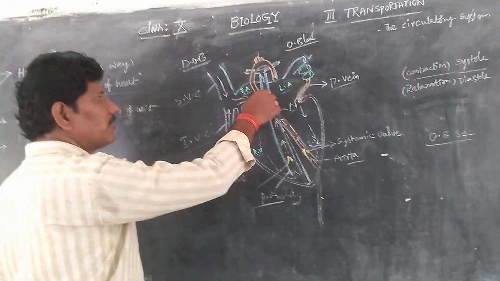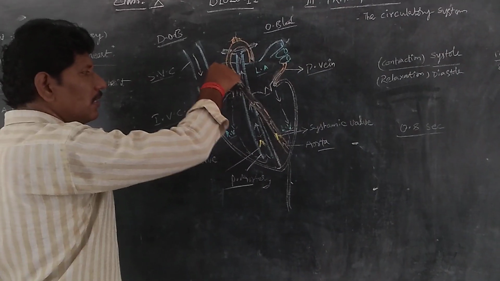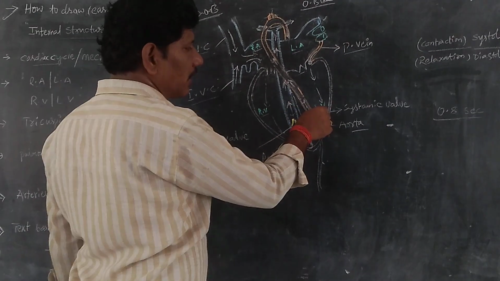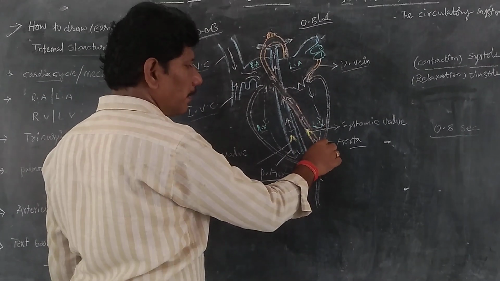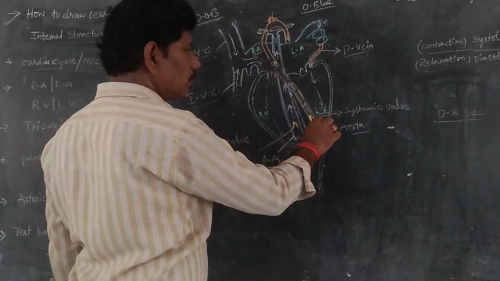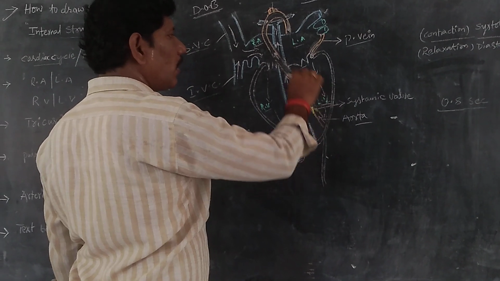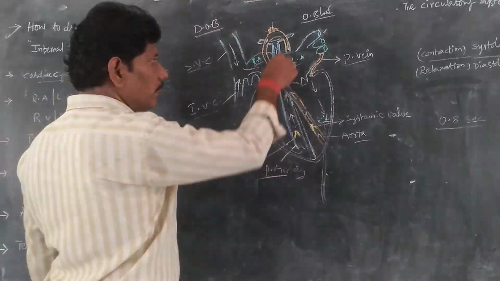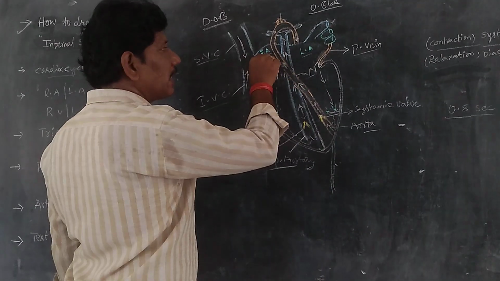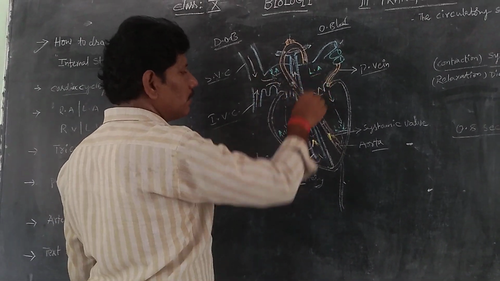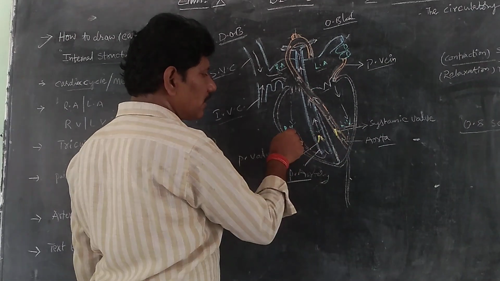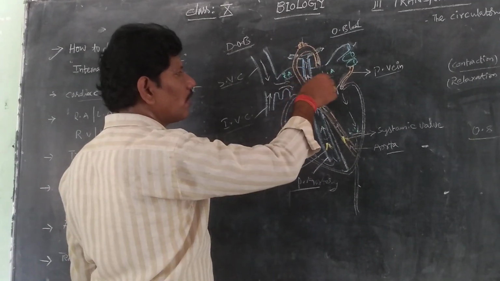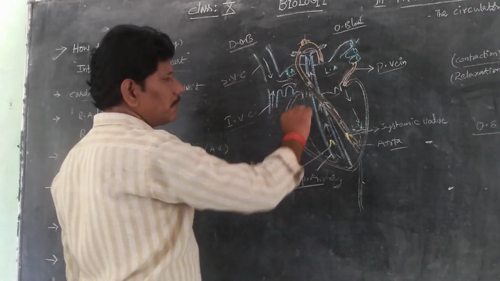Next, the left ventricle is bigger than the right ventricle because it is the ventricle which supplies oxygenated blood to the total body.